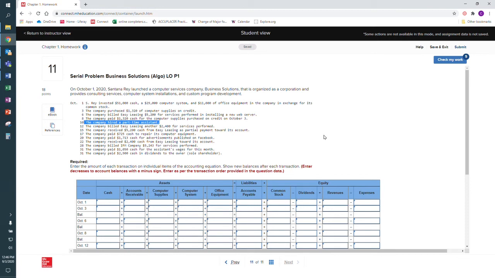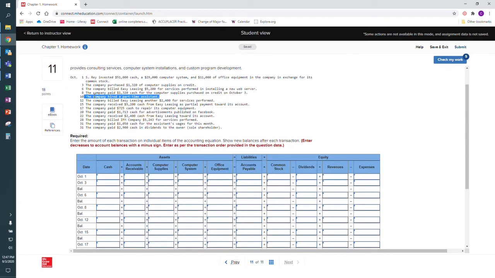There are business events and business transactions. Some events are not yet transactions that have to be recorded into the accounting system, and this is one of them. Just the act of hiring an employee doesn't mean there's a transaction to record. So don't get hung up here. If you hire a part-time assistant, there's no transaction to record.